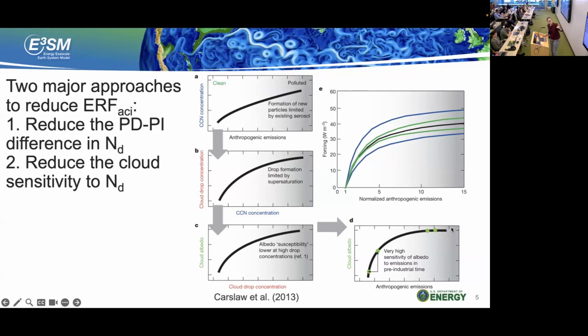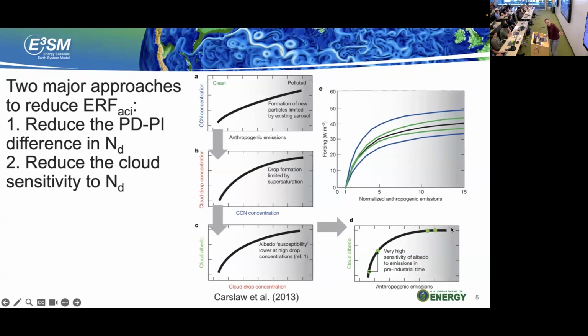Some of those processes include, for example, when you are activating CCN into cloud droplets, the ability to activate cloud condensation nuclei is limited by competition for water vapor. So when you have very high numbers of CCN, you activate fewer of them because you reduce the supersaturation more rapidly. So this is just one example of a buffering effect that leads to this sublinearity.